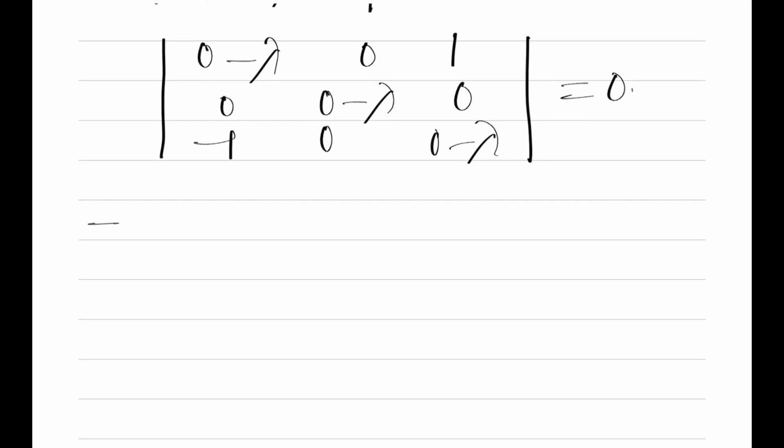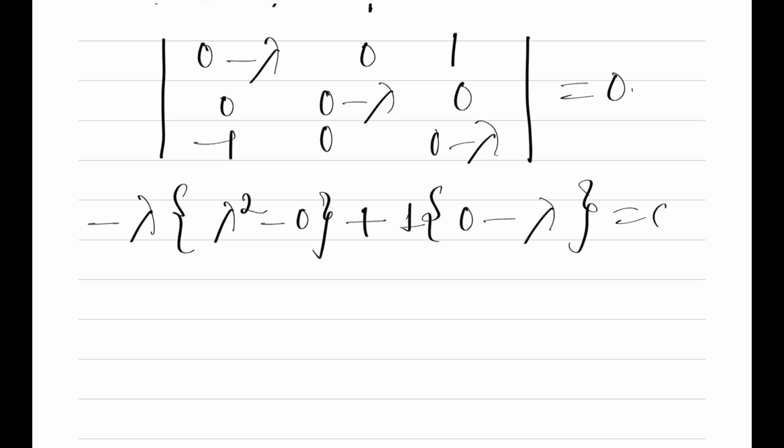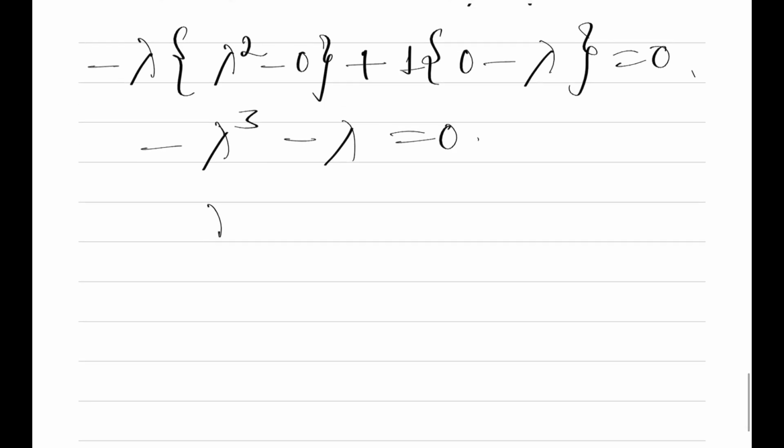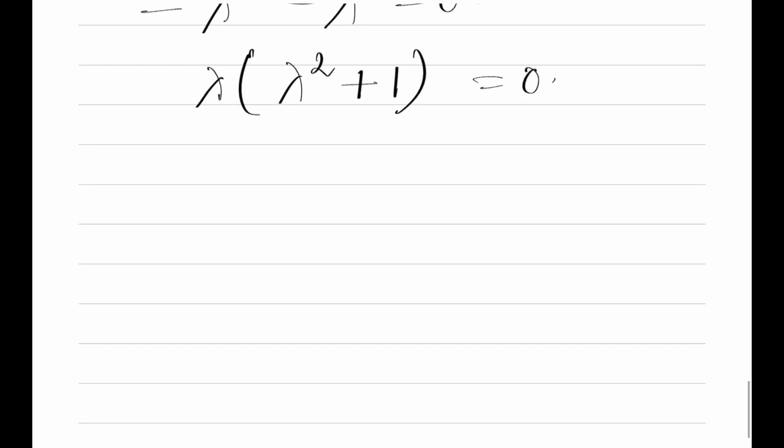We will expand this determinant: minus lambda multiplied by lambda square minus 0, plus 1 times 0 minus lambda is equal to 0. Finally we have minus lambda cubed minus lambda is equal to 0. Then we take lambda common from lambda cubed plus lambda. It will be lambda times lambda square plus 1, which is equal to 0. Now we can equate each factor with 0.